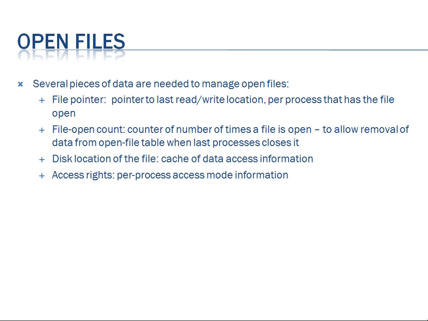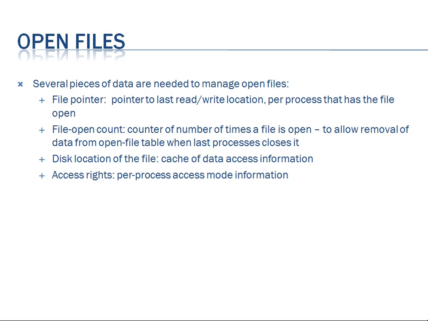This will give you the number of times a file is open. It is a counter of how many times a particular file is open, to allow removal of data from the open file table when the last process closes it. Obviously the processes need to access certain files.